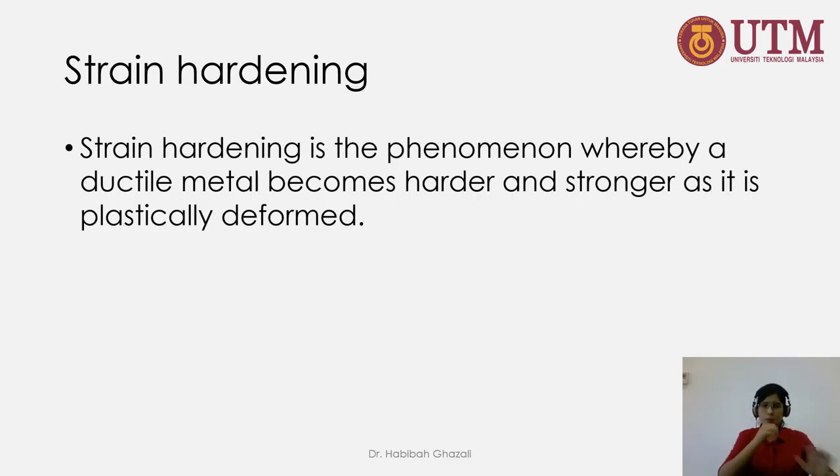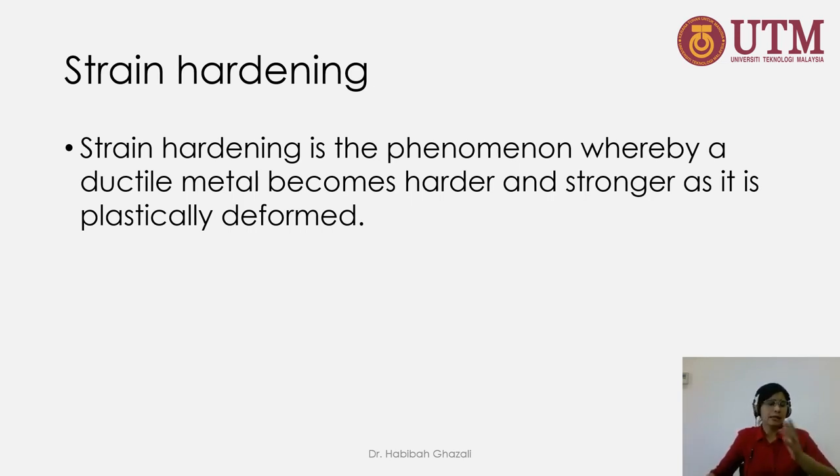So when there's a lot more dislocation, and we know that dislocation is interacting with each other. The principle of strain hardening or cold working is based on the introduction of additional dislocation during plastic deformation.